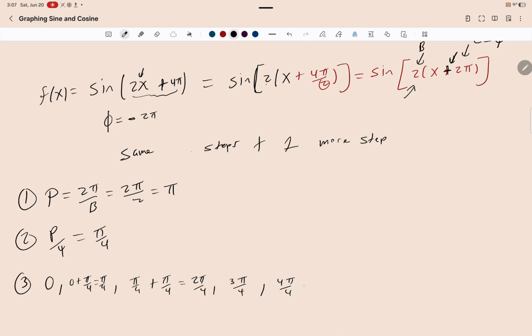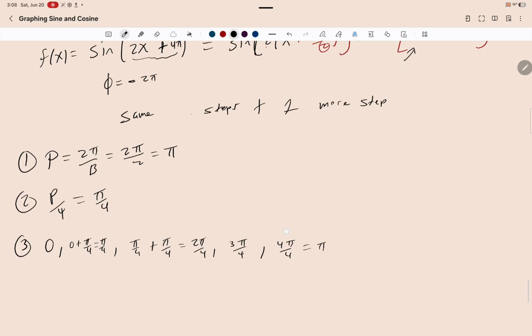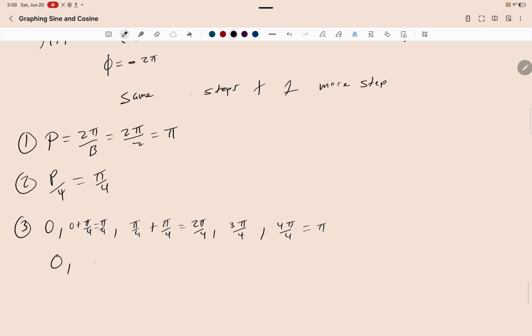Then I get 4 pi over 4. I took the 3 pi over 4 and added pi over 4, which gave me pi. Cool. So now I can simplify: 0, pi over 4, pi over 2, 3 pi over 4, and then pi. Notice we have the same 3 steps as previously.